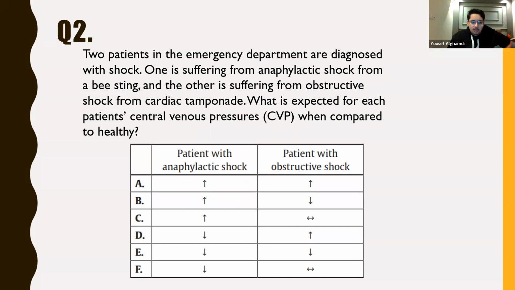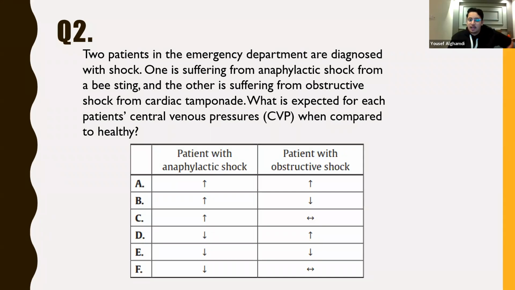So which ones cause a decrease? D, E, and F, right? So until now, only these are right. And then when you have obstructive shock due to cardiac tamponade, right? So your heart is being pressed on, right? So it's going to try to pump faster and harder, right? So is that going to increase or decrease or not change your central venous pressure?